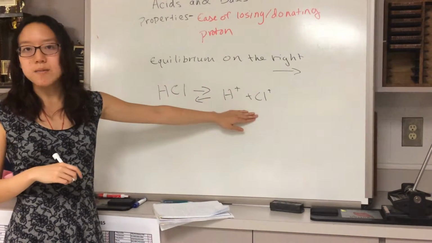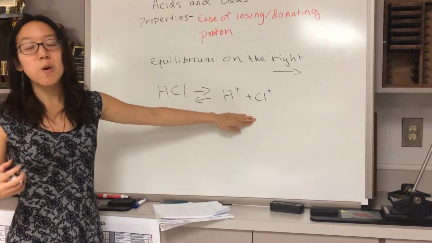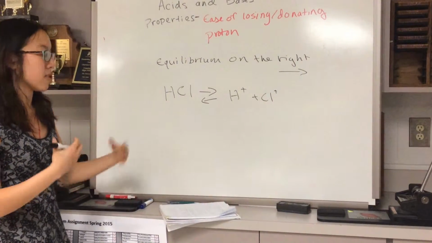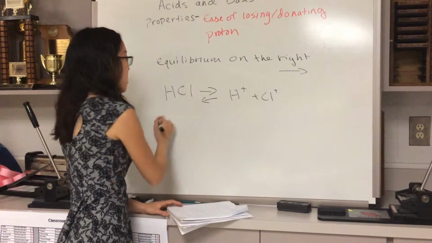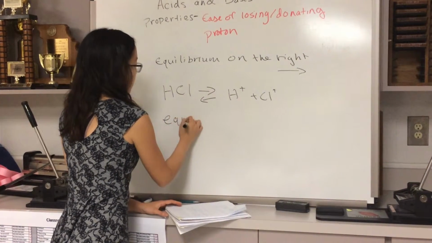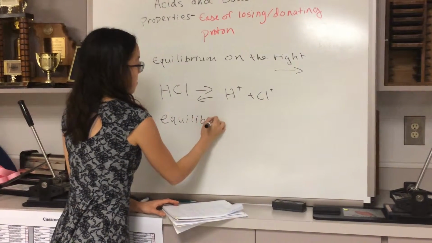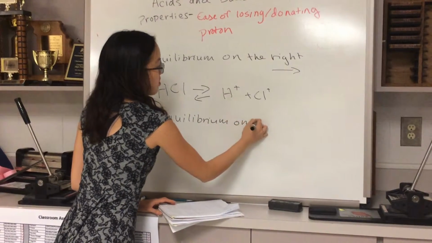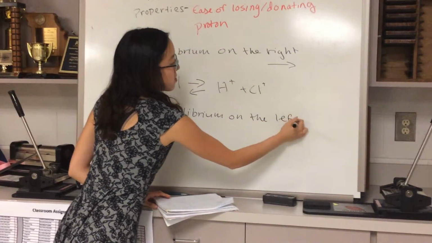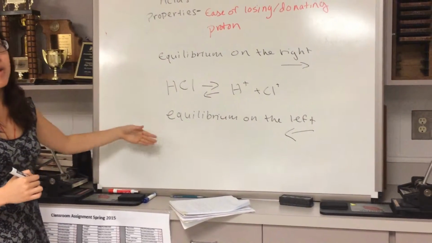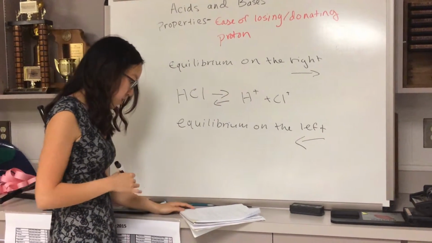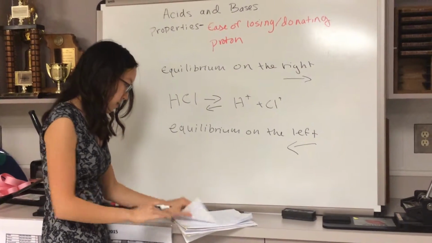Also, in another video, my friend Courtney will be talking about equilibrium and how this is relevant. If the equilibrium is on the left, in the reactants, then this would be a weak acid.